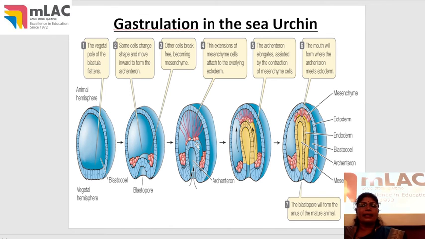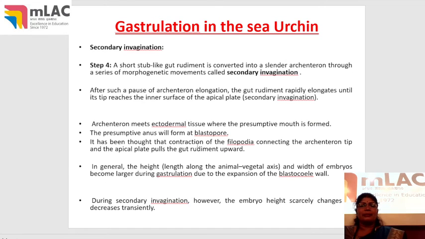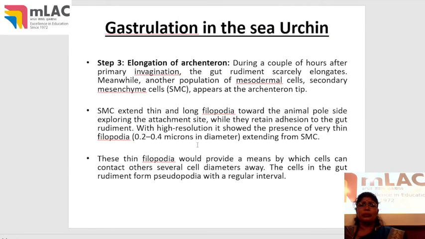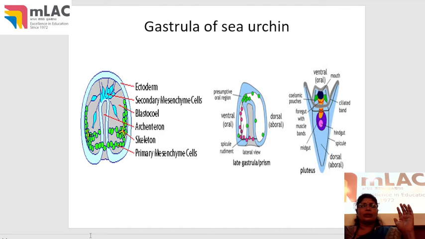The secondary mesenchyma cells, also called SMCs, move to the tip of the gut rudiment. Now the SMCs extend thin and long filopodia towards the animal pole, to explore for attachment.